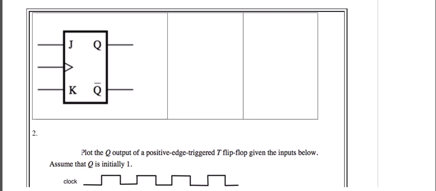I always have a hard time with this one. I'm pretty sure J is set and K is reset, but I just want to make sure. And you'll see what I mean by that in a minute. J is set and K is reset. Yep. Okay.